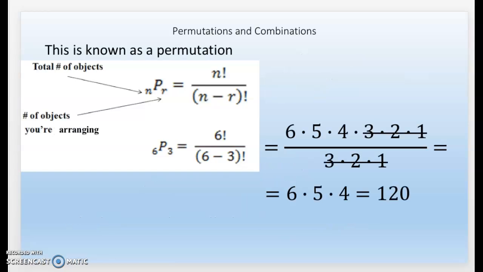One way to think about this: if they're saying from 6 arrange 3, just think of 6 factorial but only take the first 3: 6, 5, 4. We're only filling 3 slots instead of 6. That's what this formula does.